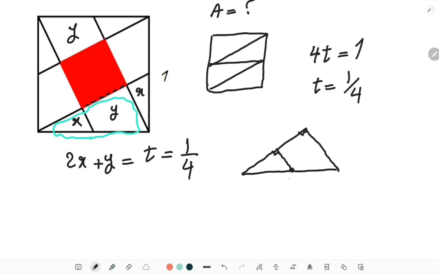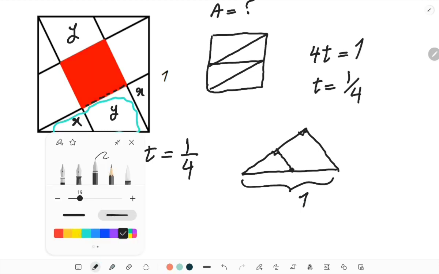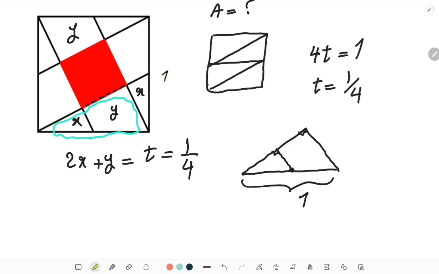And this point is in the middle of this whole side, which is 1. And clearly I can see that I have two triangles here. One is this little one, and also one is this bigger one. And those triangles are similar.